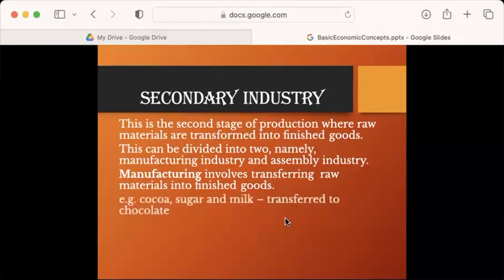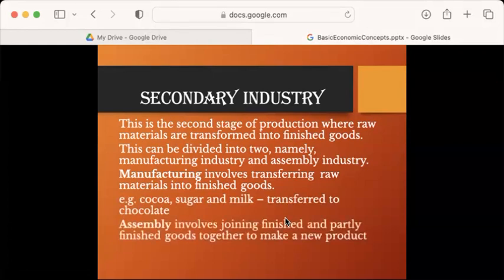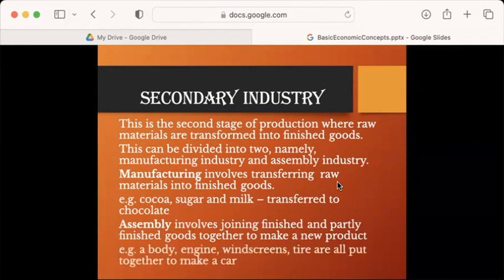But in assembly industry, we are just joining things together. Necessarily, the good doesn't look different from how it was before. For example, in a car manufacturing plant, the tire, windscreen, body, all of these things are put together. And after making the car, the tire still looks the same.